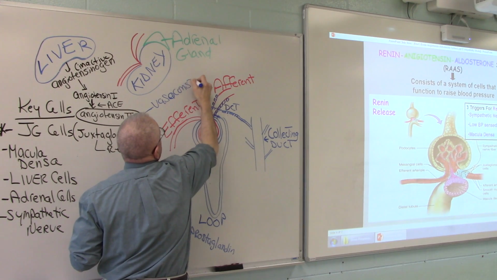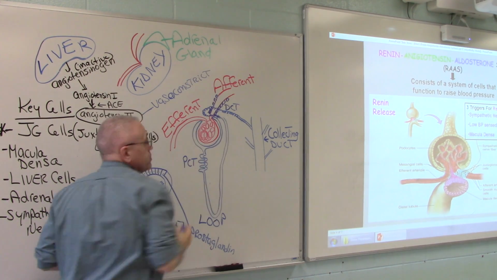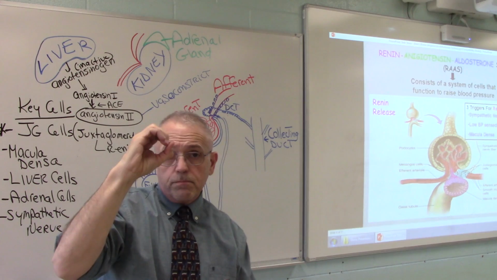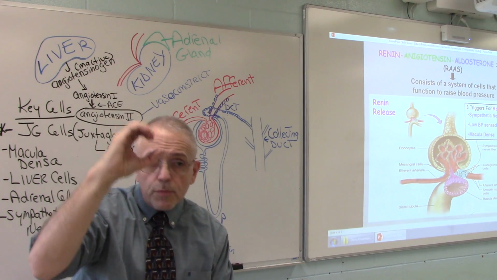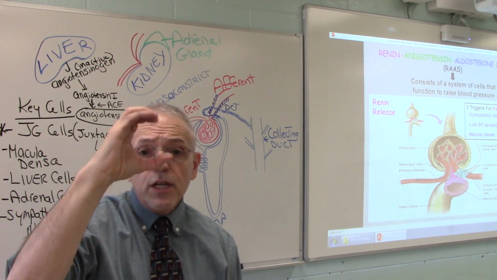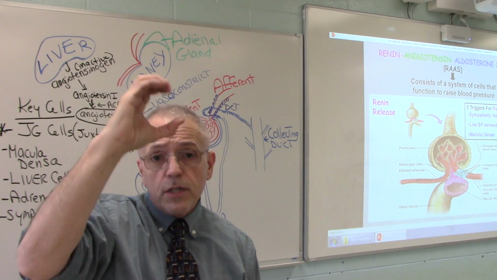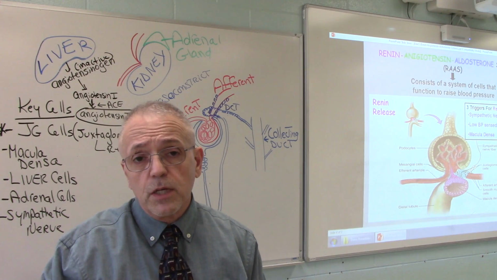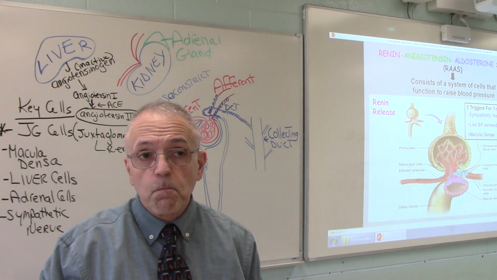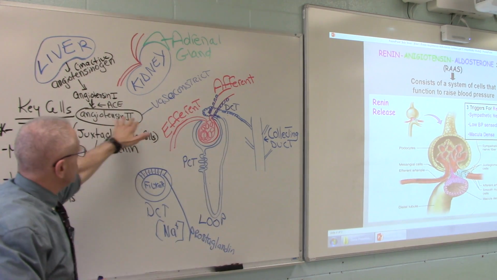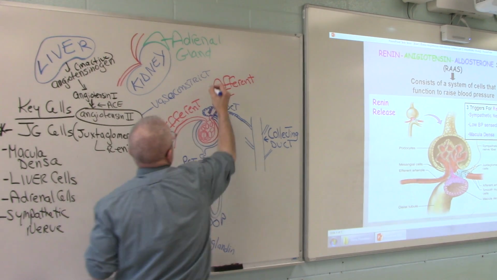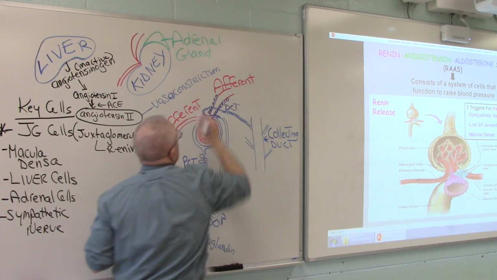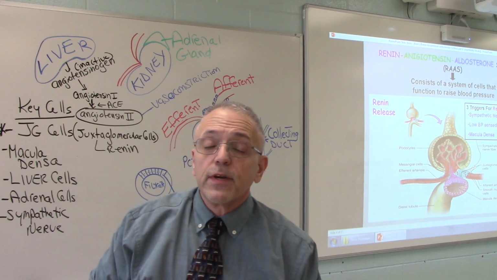It can cause blood vessels to get smaller in diameter. In other words, the lumen can get smaller. If you decrease the opening of the blood vessel, you increase the resistance and you increase the blood pressure in those vessels. Okay? So the property of vasoconstriction is an important property of angiotensin-2.